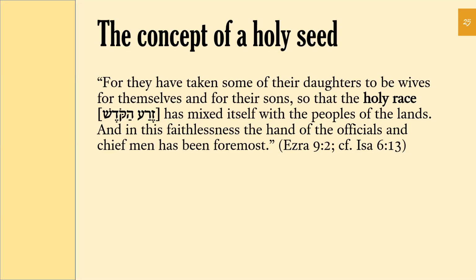The command was found written in it that no Ammonite or Moabite should ever enter the assembly of God. What chapter is this? Nehemiah chapter 13, verse 1. Thank you.